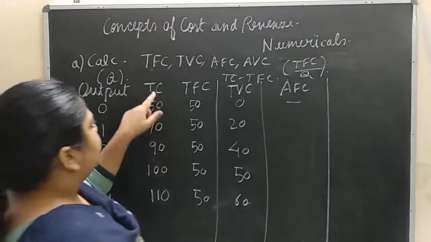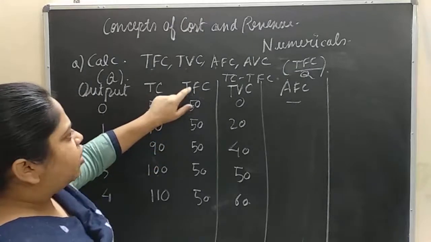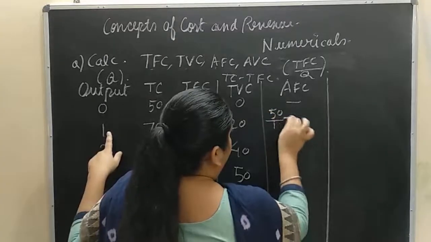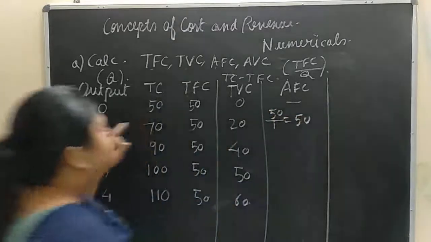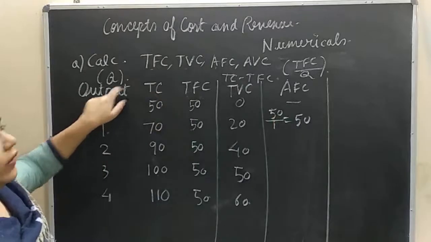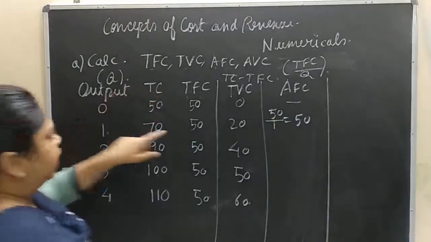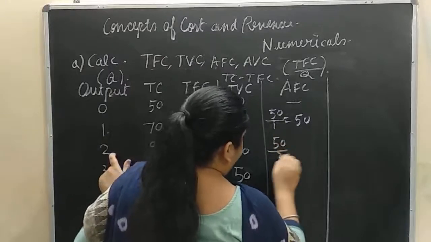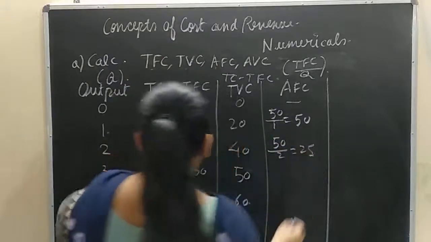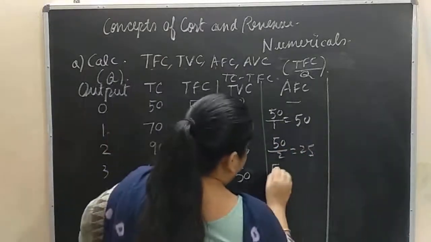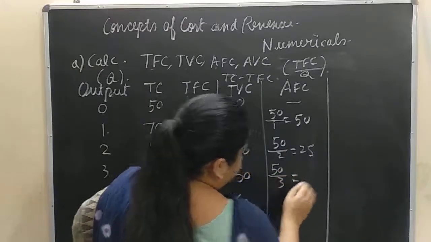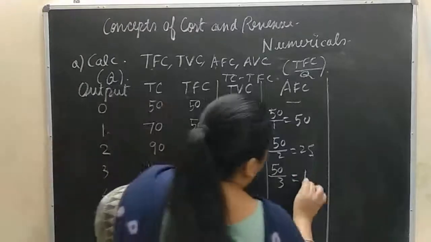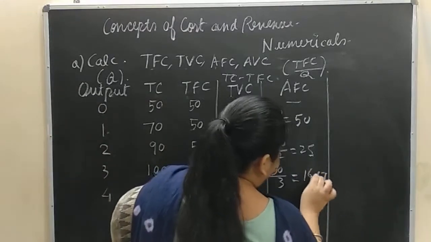Then this is my TFC column, 50 divided by 1. What do we have to do? Divide TFC by Q. This divided by this. 50 divided by 1, 50. 50 divided by 2, 25. 50 divided by 3 comes out to be 16.67.